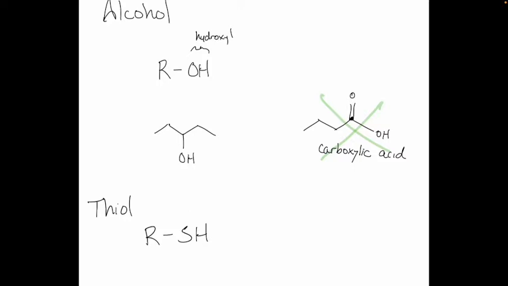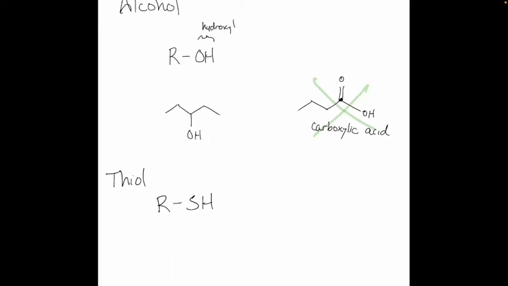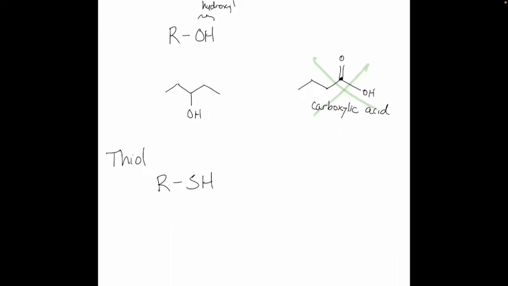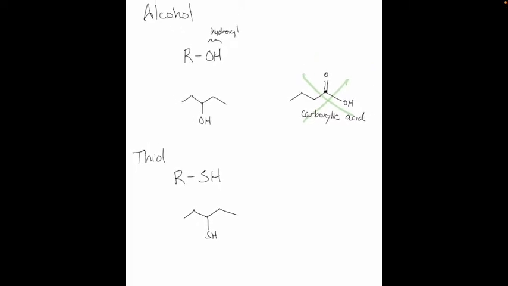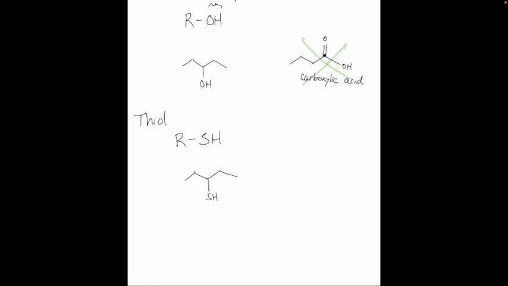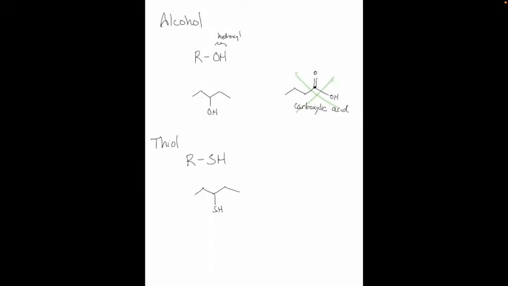So thiols behave very similarly to alcohols, but instead of an oxygen, it's a sulfur in there. An example would be something like this, but now it's an SH group. So thiols have that SH instead of OH. Again, we're going to focus mainly on alcohols, but this is just to introduce these functional groups.